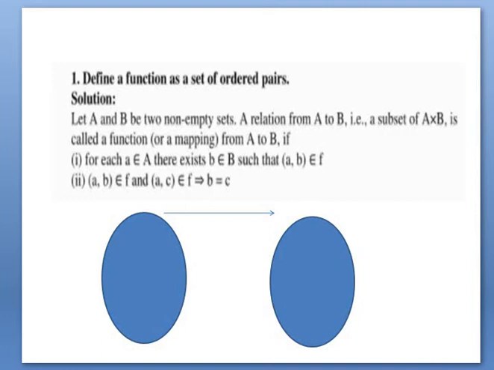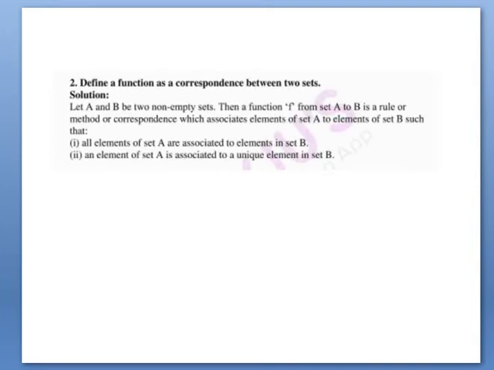That means A has one and only one image. So in the second example, it is given that an element of set A is associated to a unique element in set B. So are you clear?